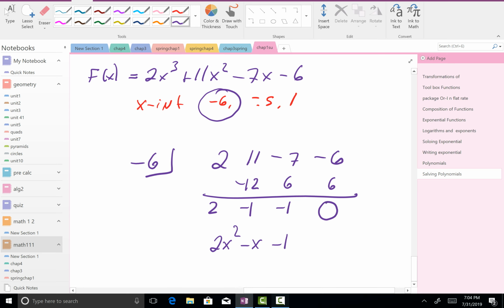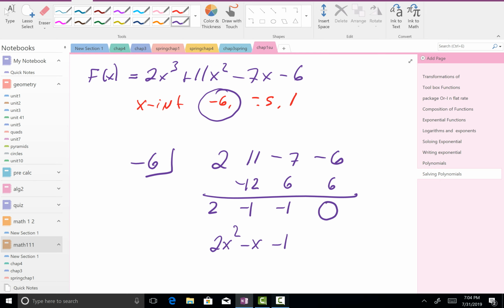Why is the remainder 0? Why does it have to equal 0? Divided by an x-intercept. Okay? That's why. So when you're dividing this thing by an x-intercept, this is what you're going to get.